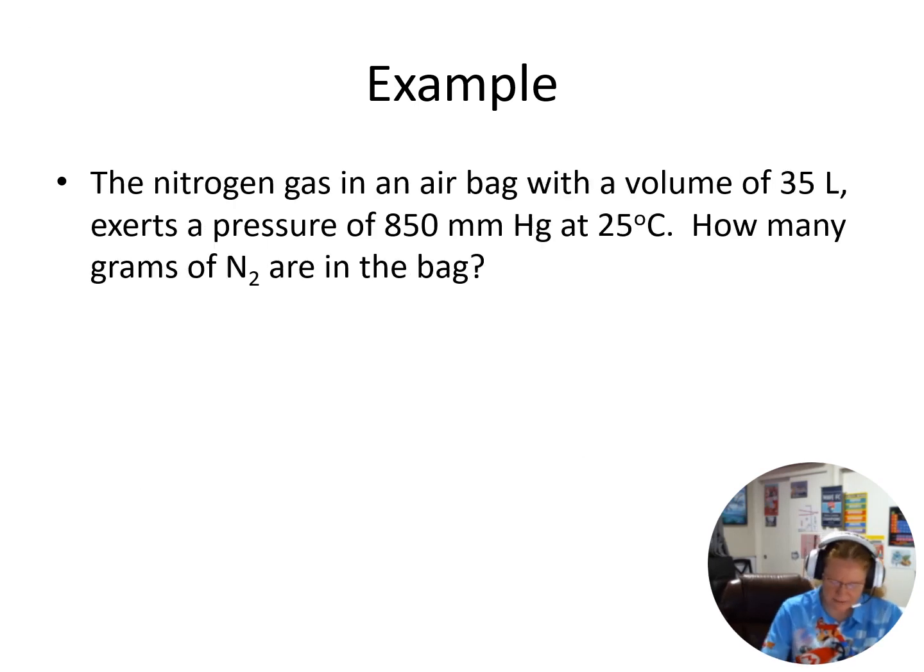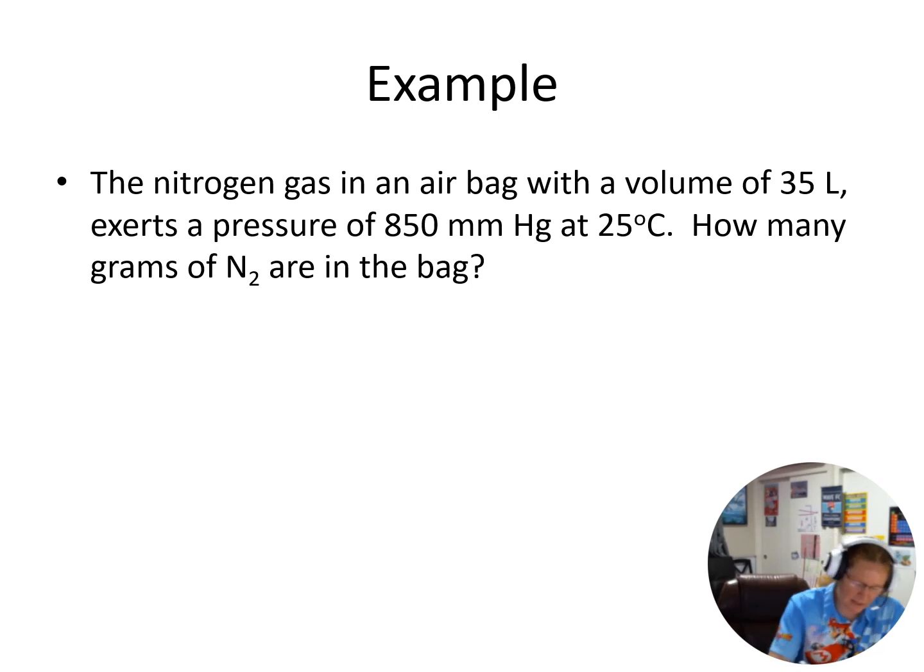All right, so here's another one. This one I want you to try. Okay, so we've got an air bag with a volume, a pressure, and a temperature. We want to know how many grams of nitrogen are in the bag.